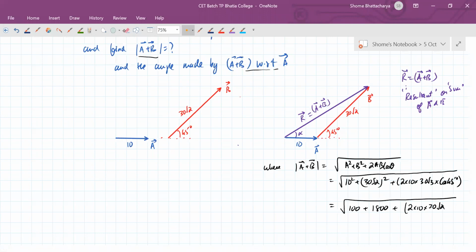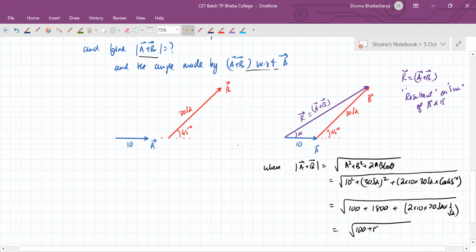Sorry, this is root 2 and not root 3. So cos 45 is 1 by root 2. So that's 100 plus 1800 plus, you can see root 2 will cancel out, so we have 300 into 2.